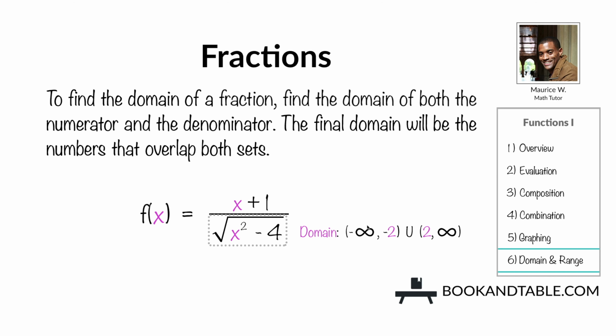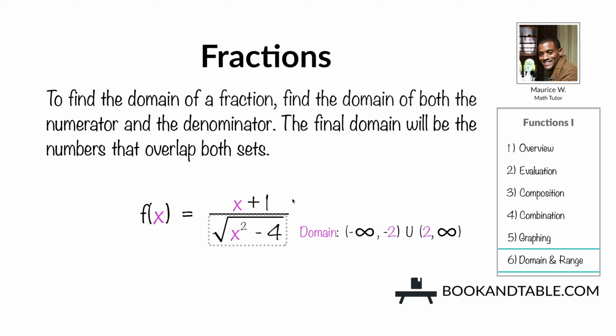In the denominator, we'll have some restrictions. Since x cannot equal negative 2 or positive 2, since both of these will lead to this radical equaling 0. Now a radical can equal 0 if it's in the numerator, but since it is in the denominator, we have to adhere to that rule as well. So this radical has to be greater than 0. So for the domain, it cannot be equal to negative 2 or positive 2, or any numbers between those, since that would then make this radical negative, and we cannot have that either.